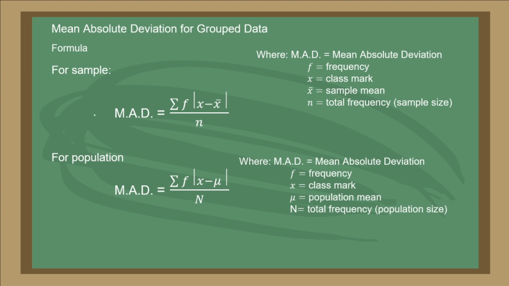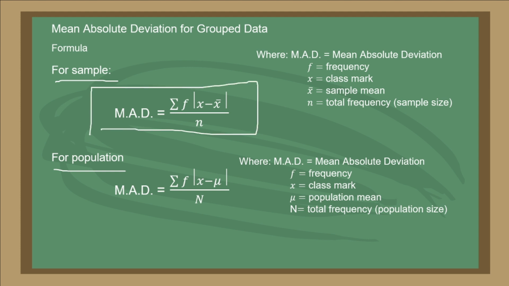So we have the following formula for mean absolute deviation for grouped data. We have a formula for sample and a formula for population. But this time, we are going to use the formula for sample. MAD, which stands for mean absolute deviation, is equal to the summation of f times the absolute value of x minus x bar, over n.